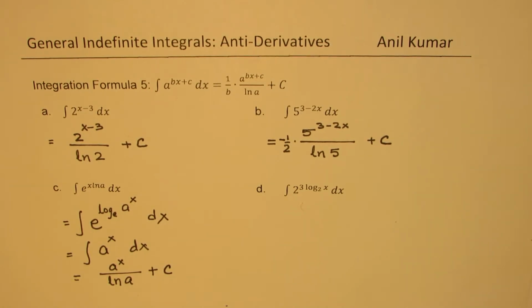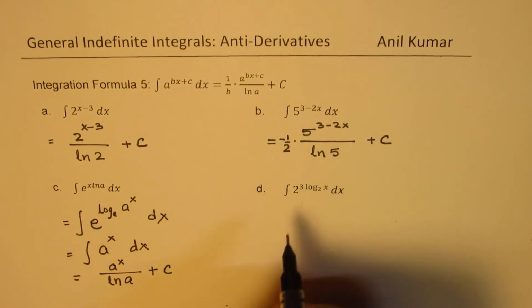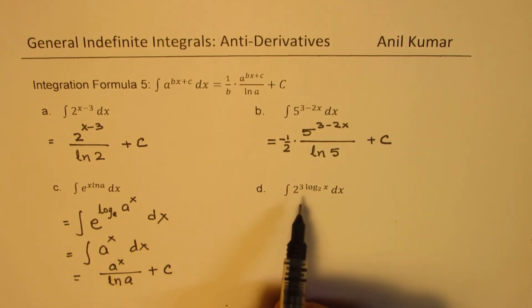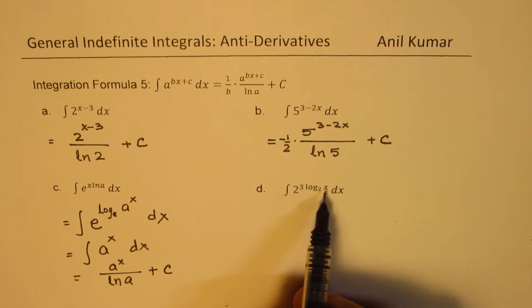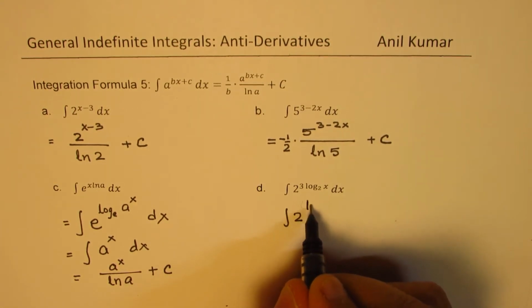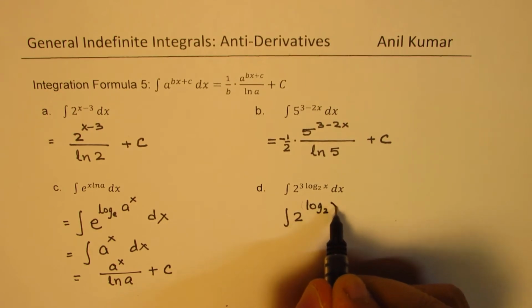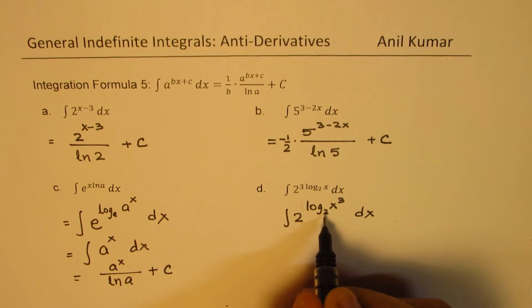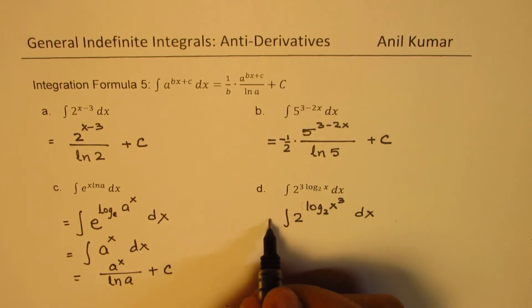be tested. Now the second one here, part D, is integral of 2 to the power of 3 log to the base 2 of x, right? So we could write this as 2 to the power of log to the base 2 x cube, right? dx. Now 2 and log to the base 2 is inverse of one another, right?